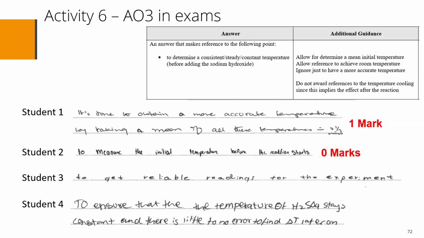So 0. To get reliable readings is not in the mark scheme. 0 marks. To ensure that the temperature of H2SO4 stays constant, and there's a little error, yeah, scores 1 mark. Yeah, to determine a constant temperature.